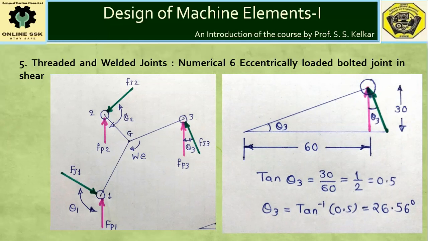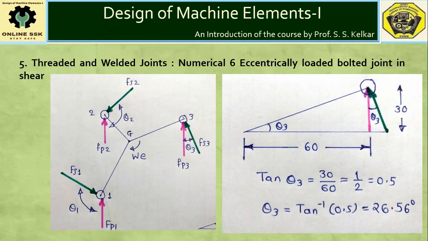But another consideration is, there is no need to calculate the FR value at each and every bolt. Rather, by applying some logic, we can directly predict which bolt is critically loaded, which bolt will be carrying the maximum resultant shear force.